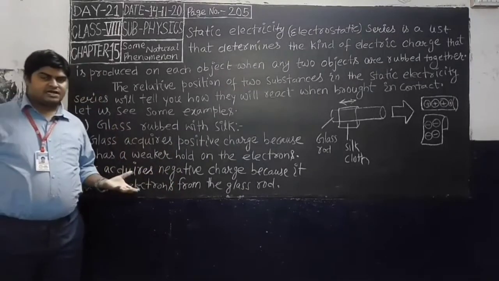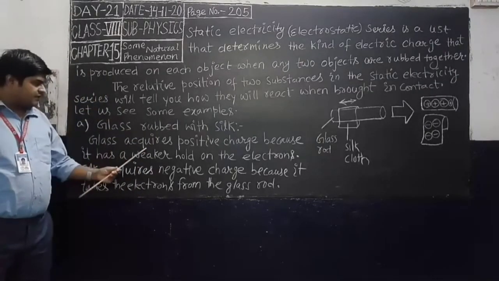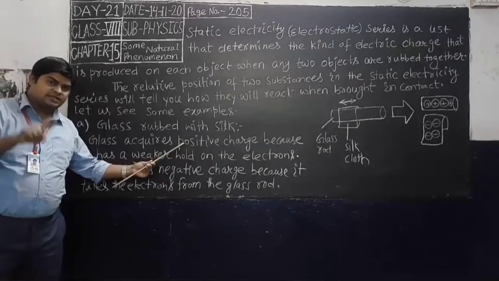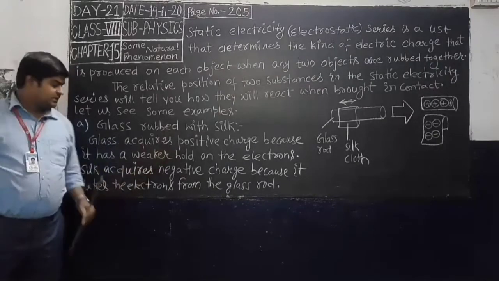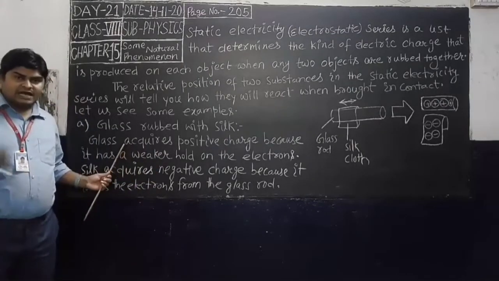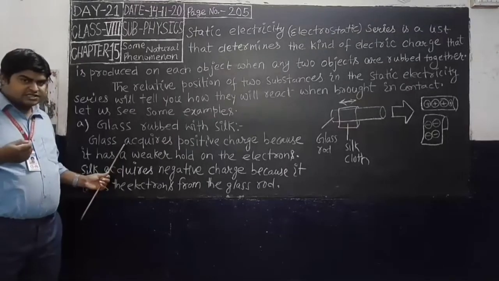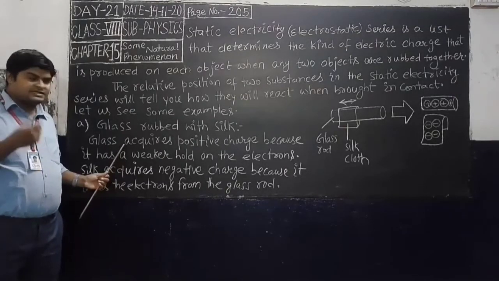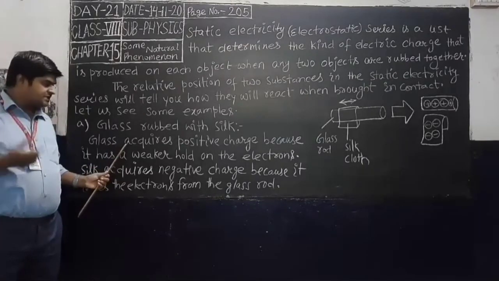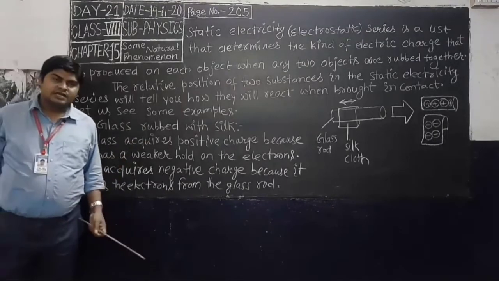Glass acquires positive charge. That means glass loses electrons, loses negative charge, and it is carried by silk. So after rubbing, glass becomes positively charged, whereas silk becomes negatively charged.